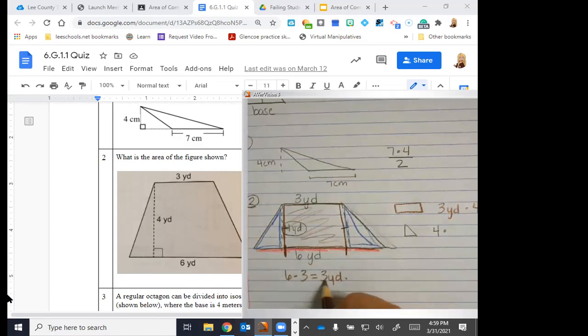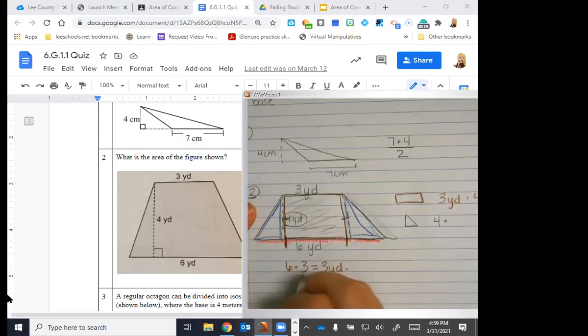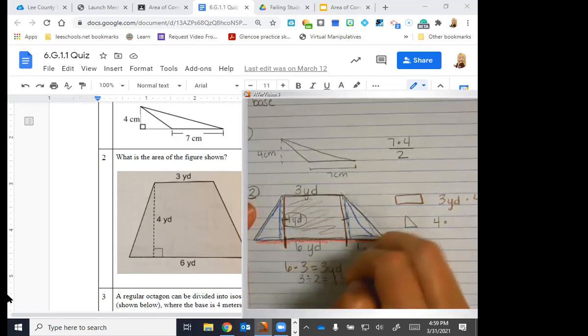So what's 3 divided by 2? We gave it to you in class, it equals 1.5. So each of your triangles has a base of 1.5.